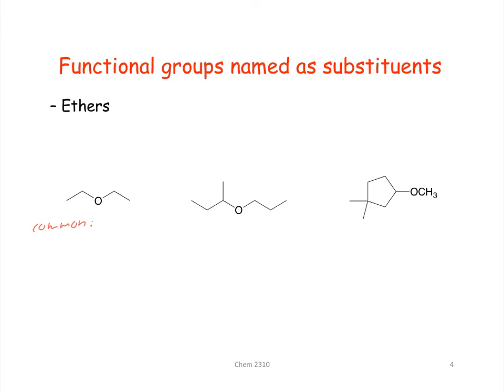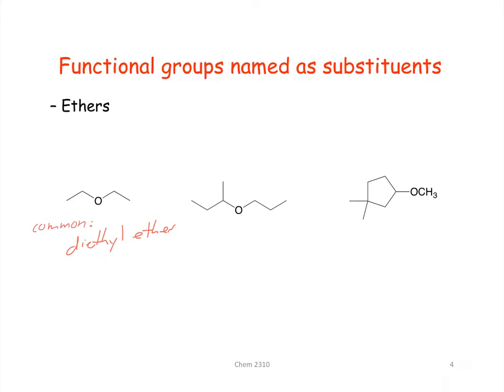This is a really common ether, and essentially the common name looks at the two alkyl groups attached to the oxygen, and then just say ether. So this one is diethyl ether, separate words. Okay, so that's the common name for this.